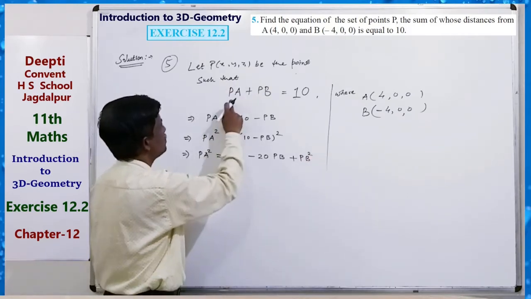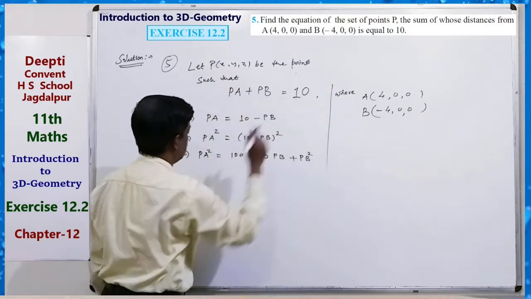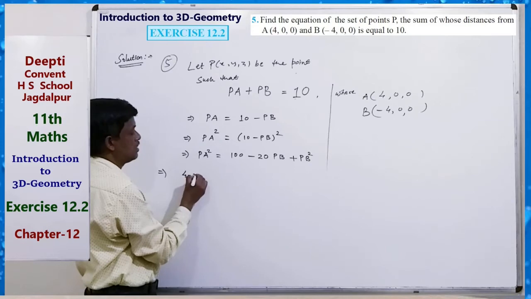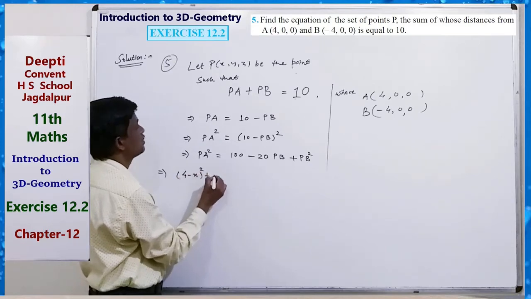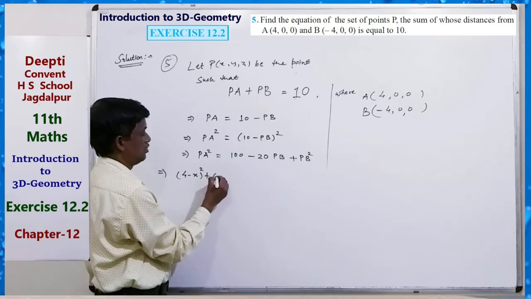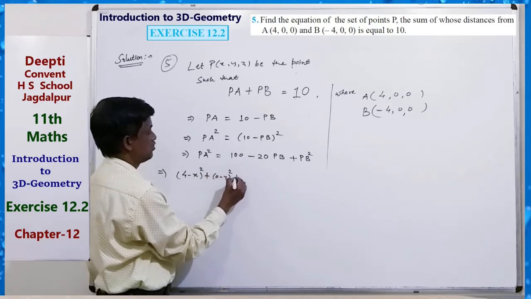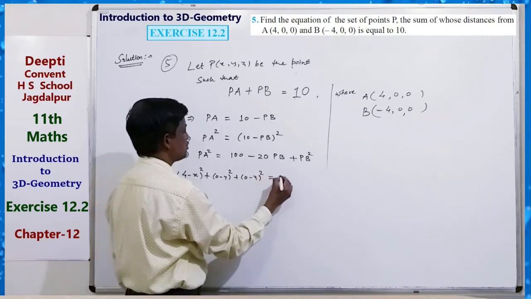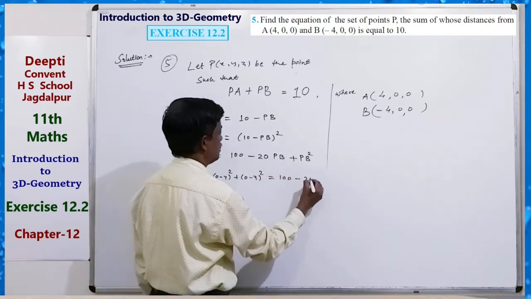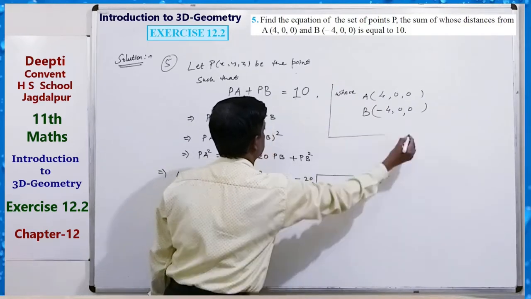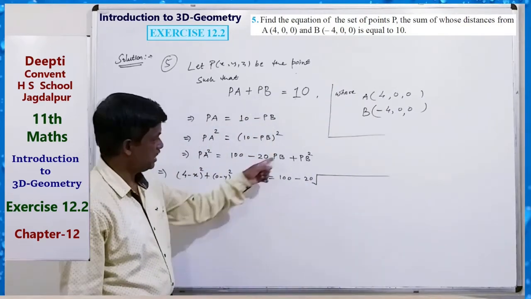PA square means (4 minus x) square plus (0 minus y) square plus (0 minus z) square, equals 100 minus 20 root over PB.